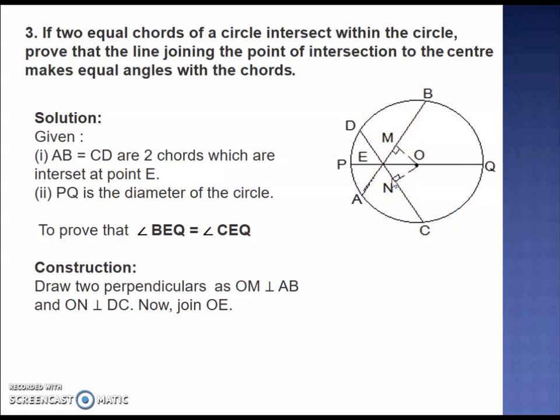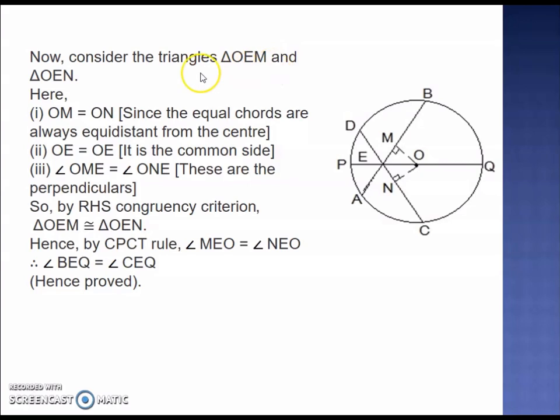So for that you will first do a construction. Draw perpendiculars from O to AB, that is OM perpendicular to AB, and ON perpendicular to DC. OEM and OEN you will consider, these two triangles.